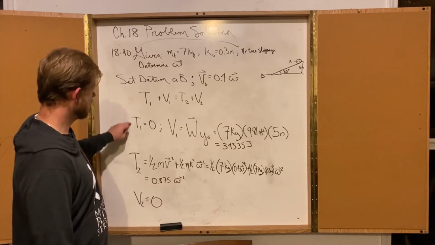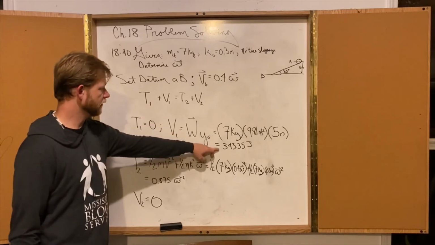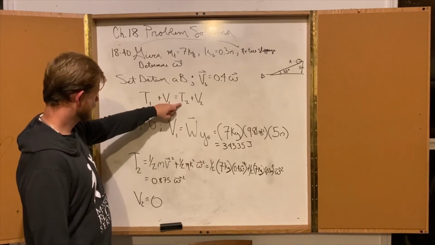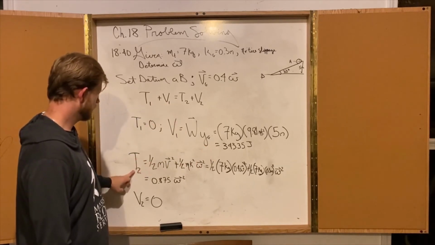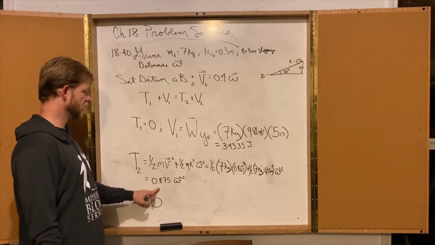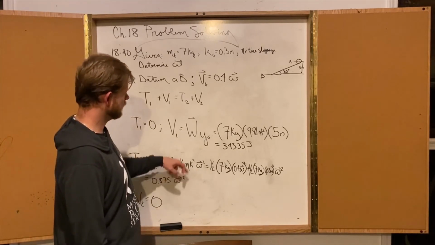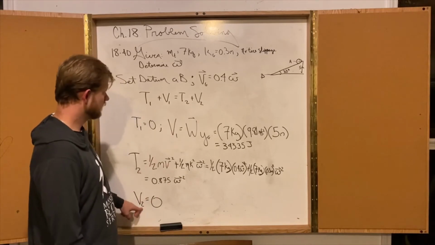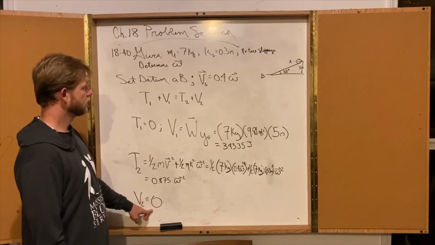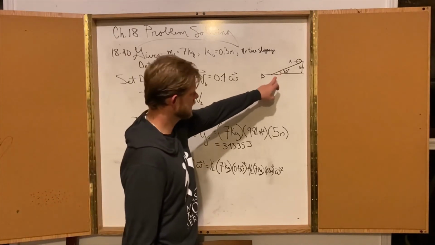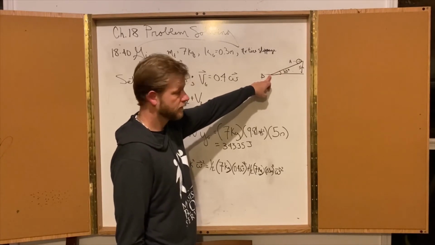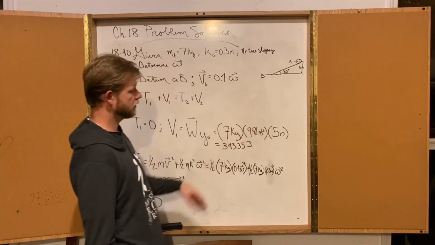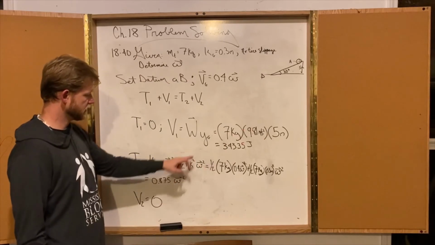So we have T1 at 0, V1 at 343.35, T2 at 0.875 omega squared, and V2 is 0, because once it hits B, the datum, there is no more potential energy.